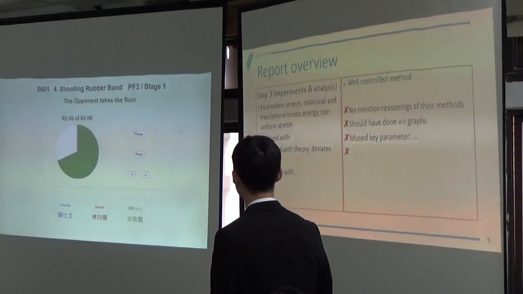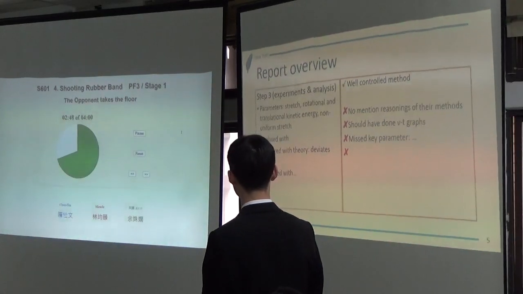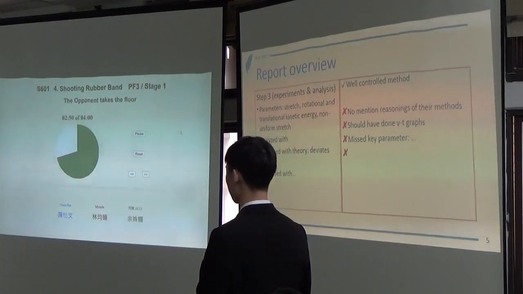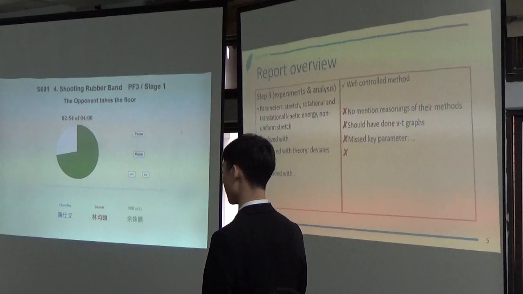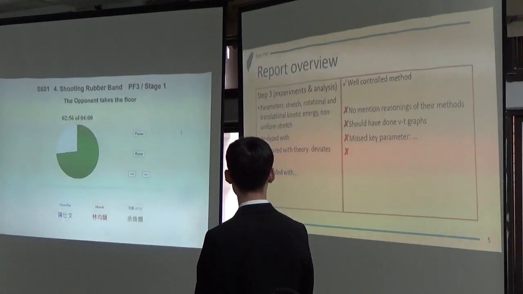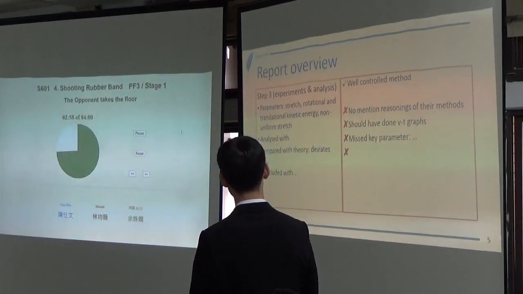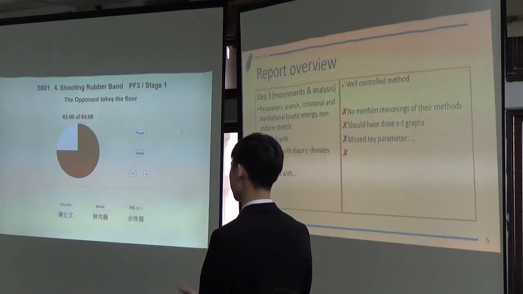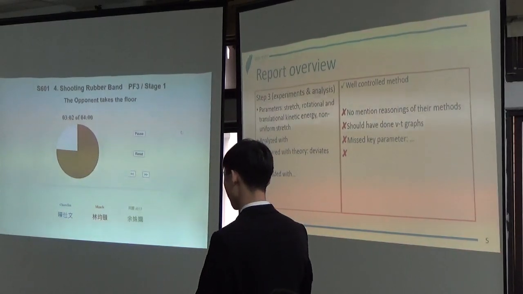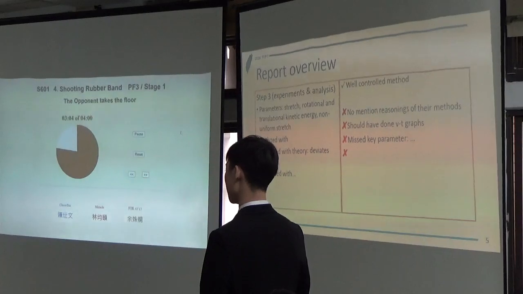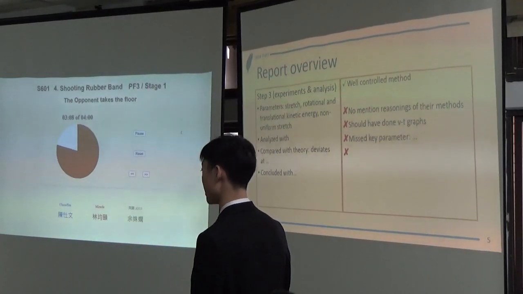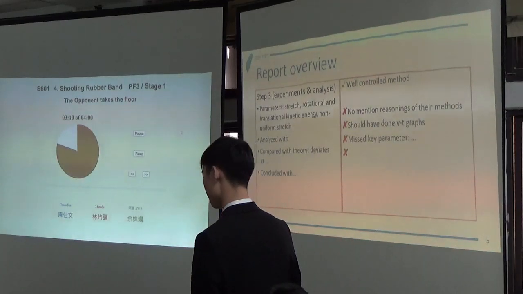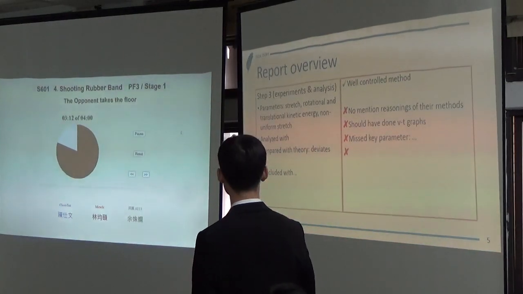You analyzed it with Excel and bar charts, but we don't see any explanation of your experimental data's deviation from the theory. So we think you should have done v-t graphs, not just measuring the final distance, because by analyzing the v-t charts of the rubber band, we can get a more full picture of the phenomenon.